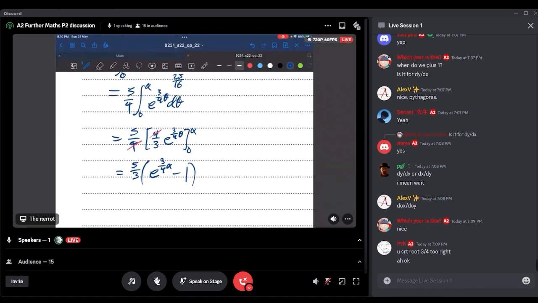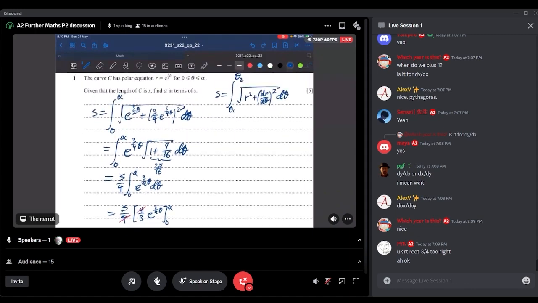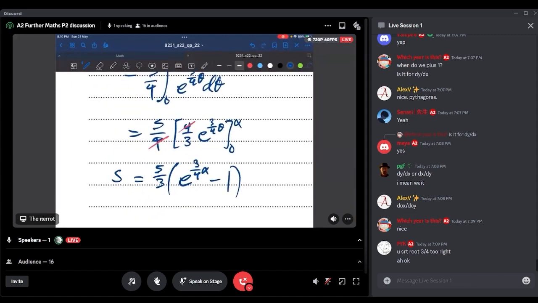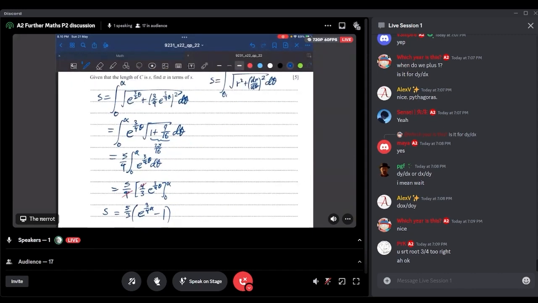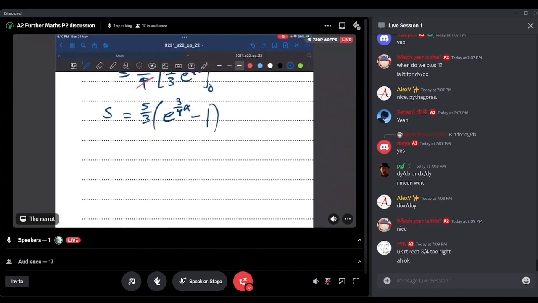And remember that this is given to be equal to S. So this is equal to S. And now we have to find alpha in terms of S. So basically just making alpha the subject. Actually, you guys can do it, but let's just do it together.